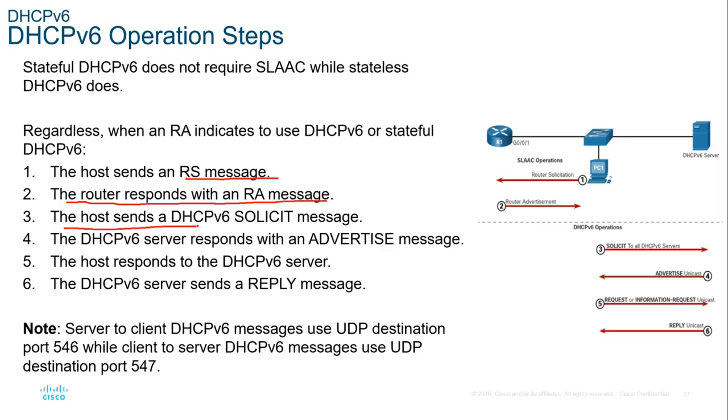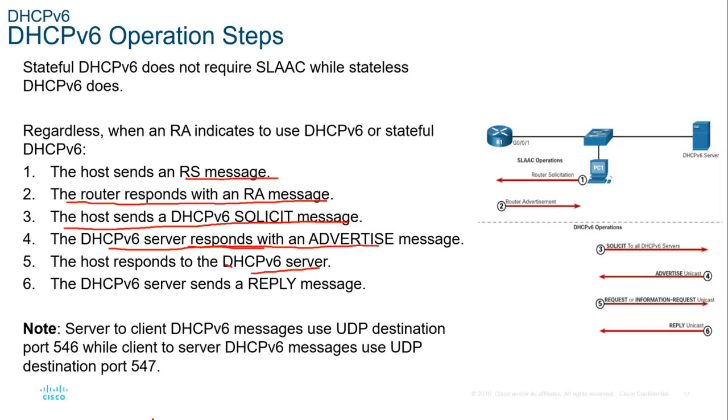The host sends a DHCP solicit message, and then the DHCP server responds with an advertise message, and then the host responds to the DHCP server. Lastly, step 6, the DHCP server sends a reply message.